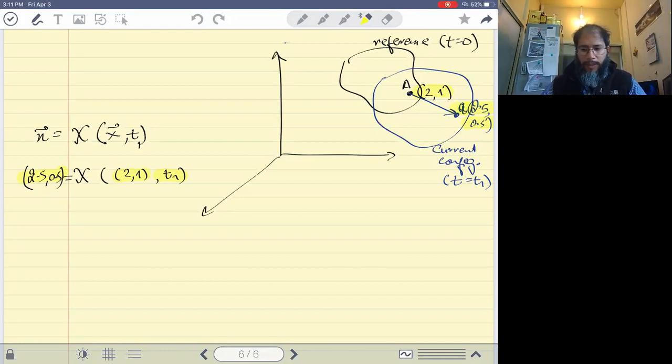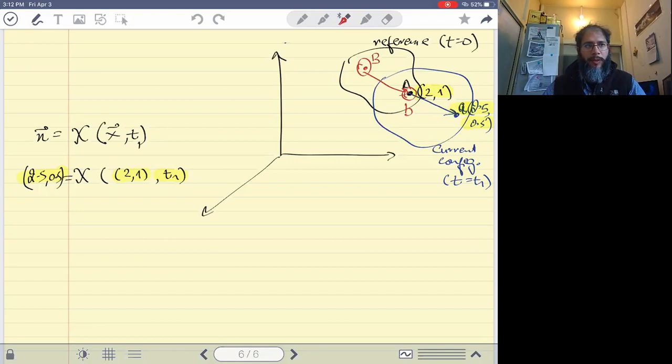Now the second point to make here is that in the current configuration, my 2 comma 1 is occupied by some point which was at a different location in the reference configuration, which I'll call B. So at 2 comma 1 in space, we have a small point b in the current configuration, which initially was at capital B in the reference configuration.